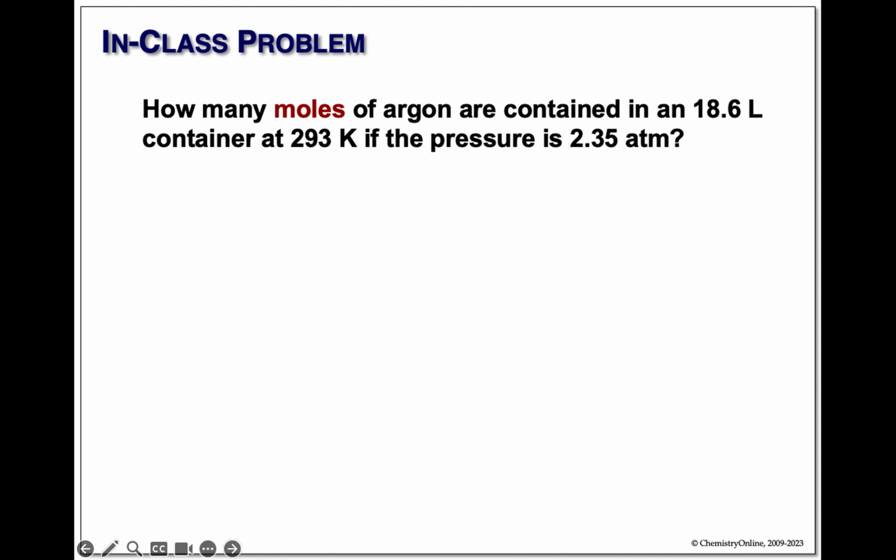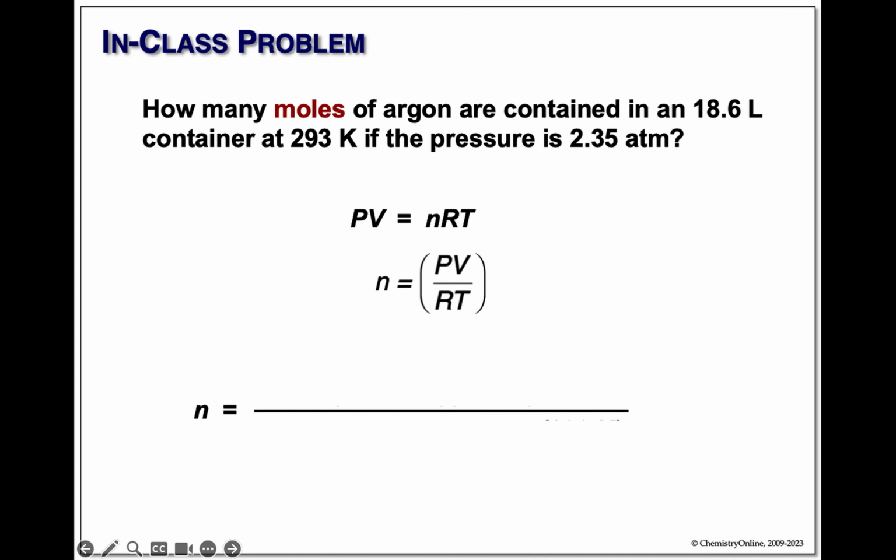This is a PV equals nRT problem. And we're solving for N. N is going to be PV over RT. We put in our pressure, 2.35 atmospheres. Our volume, 18.6 liters. R, 0.082 liter atmosphere per mole per Kelvin.